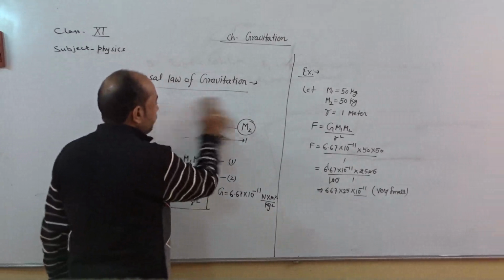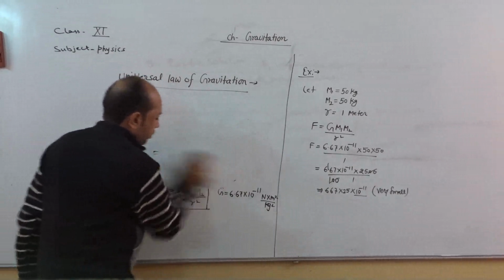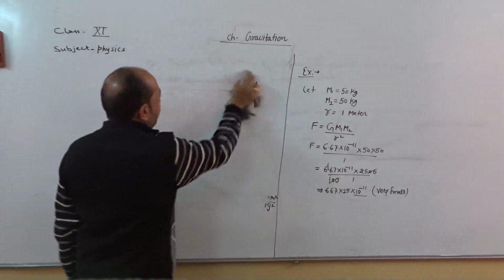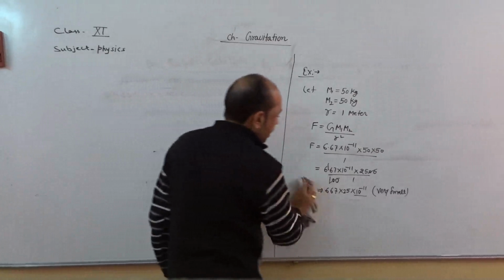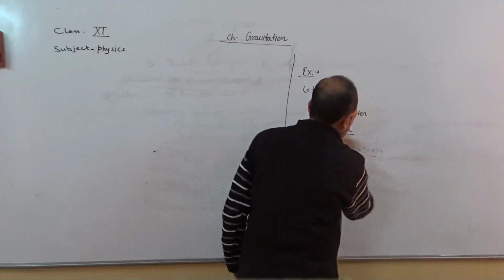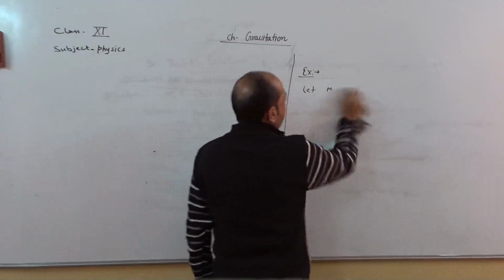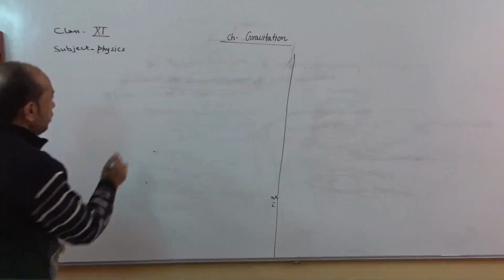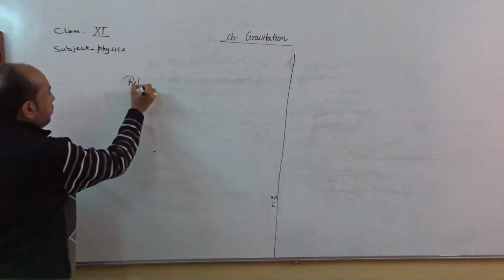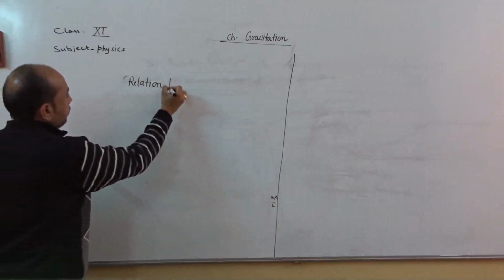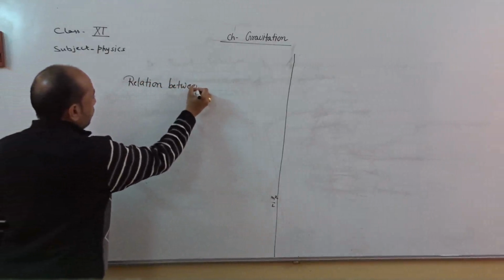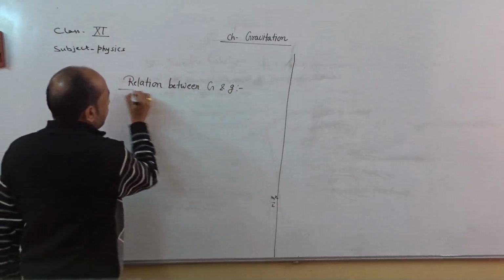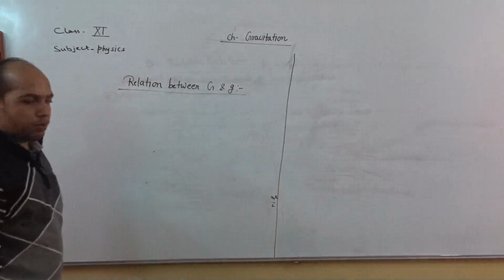Next we come to how the acceleration varies from place to place. So first of all we find the relation between capital G and small g. Then we find out the variation in g value. Relation between capital G and small g.